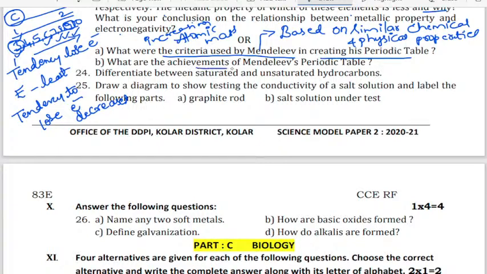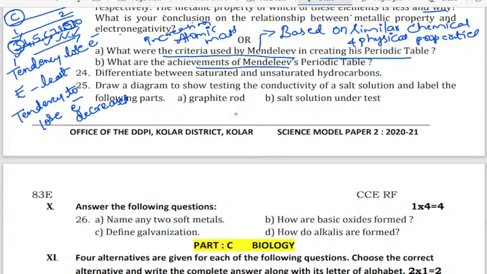What are the achievements of Mendeleev's periodic table? What did Mendeleev achieve? You have to know, children. It is also called the merits of Mendeleev's periodic table. Mendeleev's periodic table predicted the properties of elements to be discovered in future.